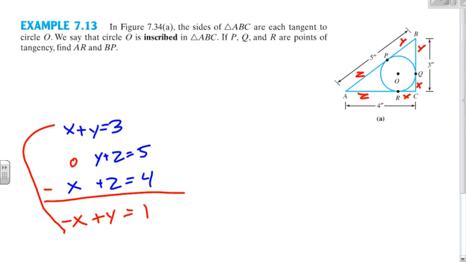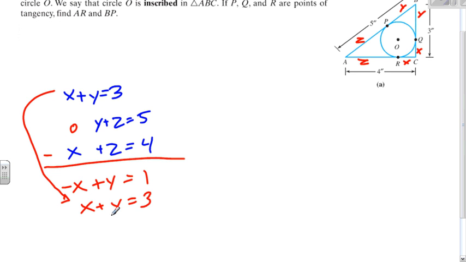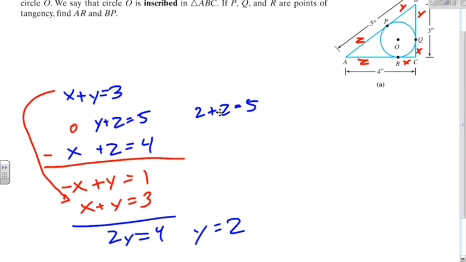And then let's use our top equation. We can add these two equations together to cancel out the x's. X and a negative x is 0. Y plus y is 2y. 1 plus 3 is 4. So if 2y equals 4, y equals 2. And if y equals 2, 2 plus z equals 5, so z equals 3.